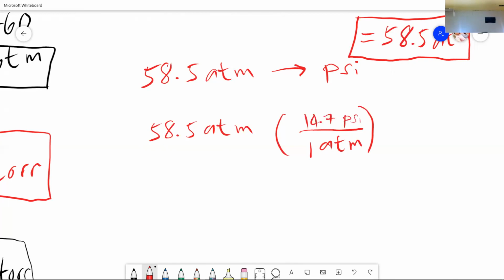Cancellation of the units again: cancel out ATM.